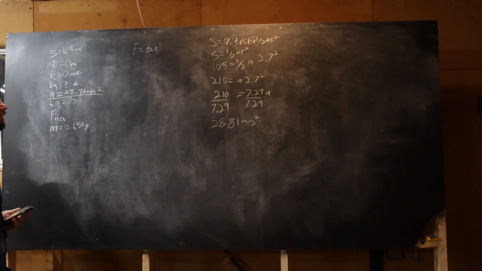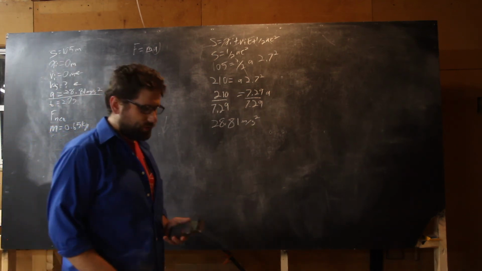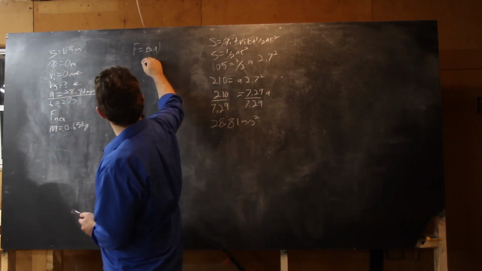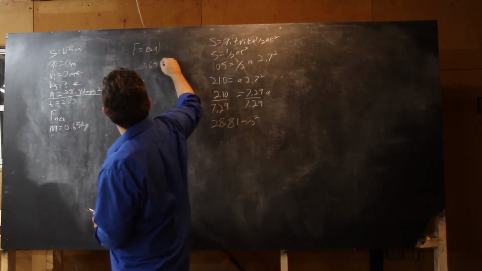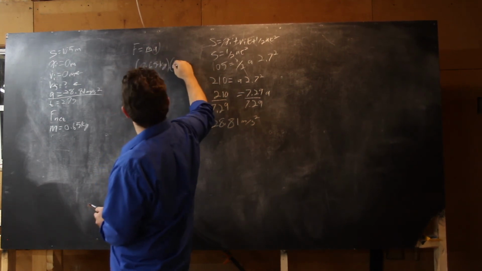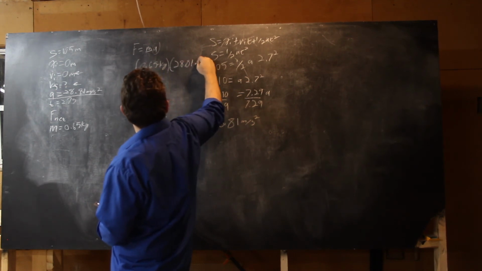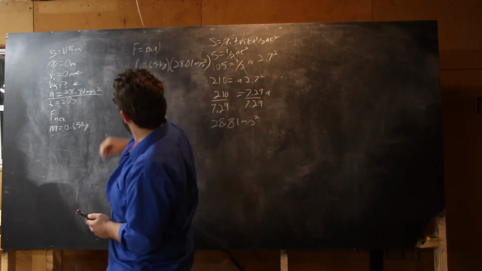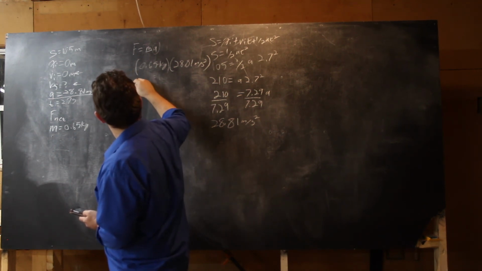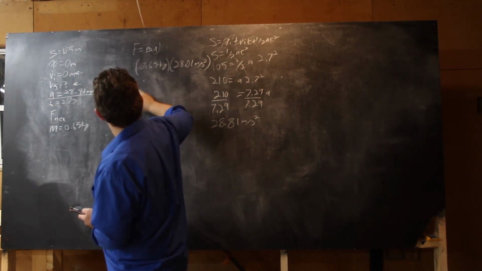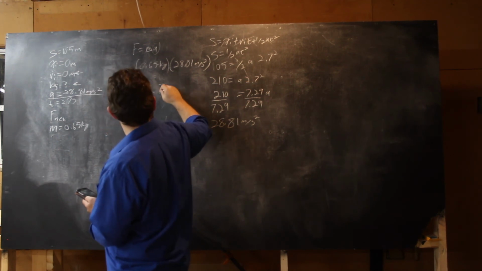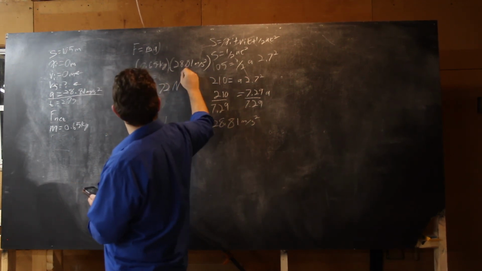Now that I have my acceleration, I can find my net force. So we're going to go ahead and calculate that. My mass is 0.65 kilograms times my acceleration of 28.81 meters per second squared is going to get me 18.72 newtons.